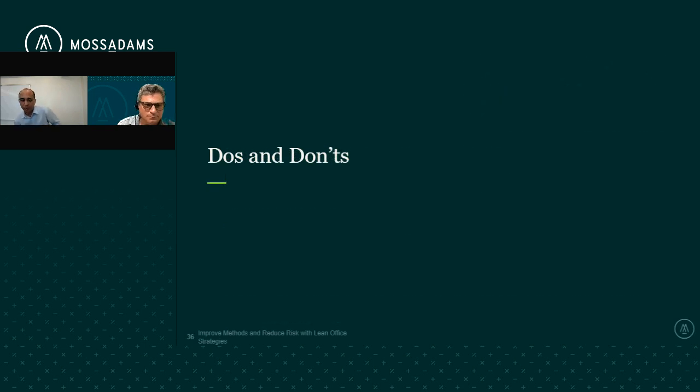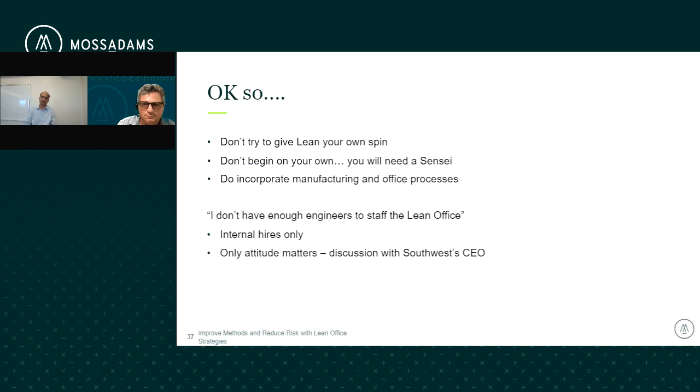The last client we were working with had some questions. They want to start a Lean office, so what are the do's and don'ts? A lot of companies try to give their own spin instead of following the classic Lean. Some companies say we have the 5S program, and 5S is the traditional, but our company is special, so we'll do 6S, where the 6 is safety.